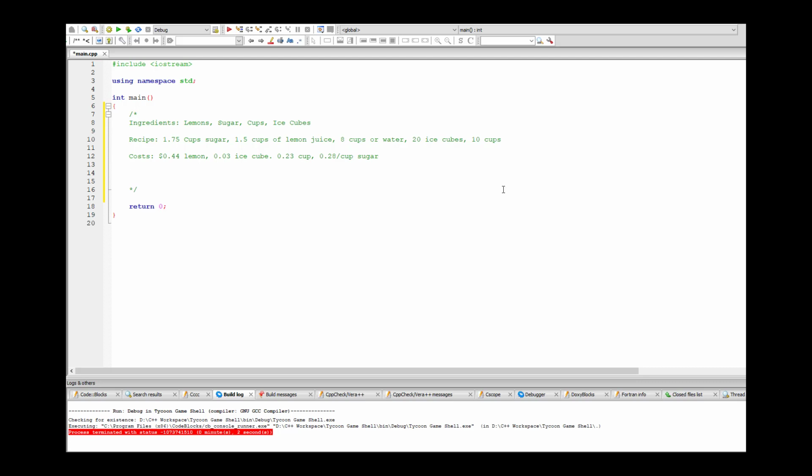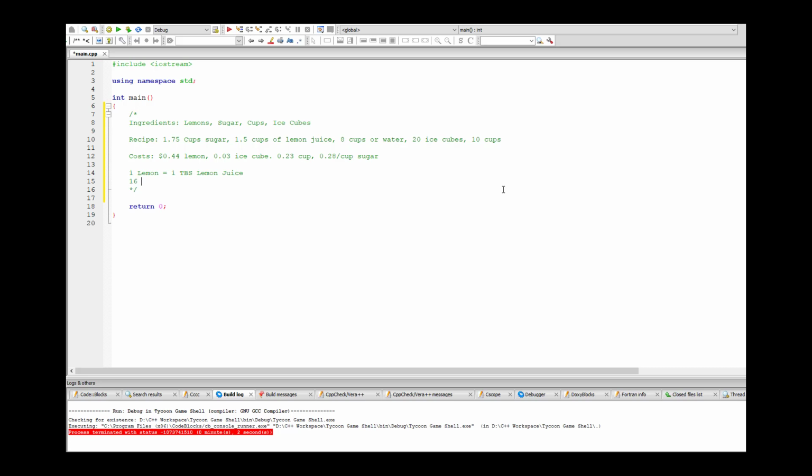All right, so once we have this, then we can start coding things together here. Oh, we also need one more conversion. In real life, 1 lemon can yield 2 tablespoons of lemon juice, but what we're going to say at first is that 1 lemon is equal to 1 tablespoon of lemon juice. So how many tablespoons are in 1.5 cups?